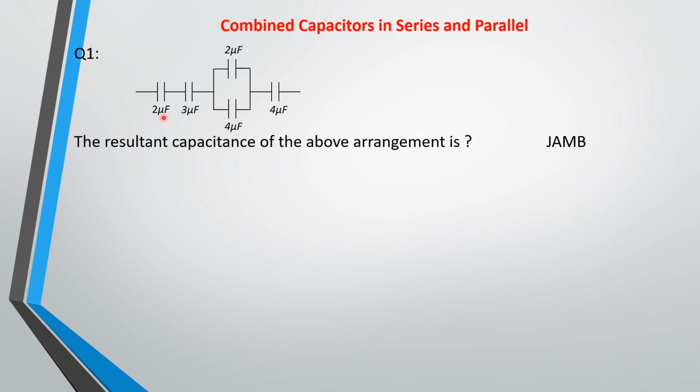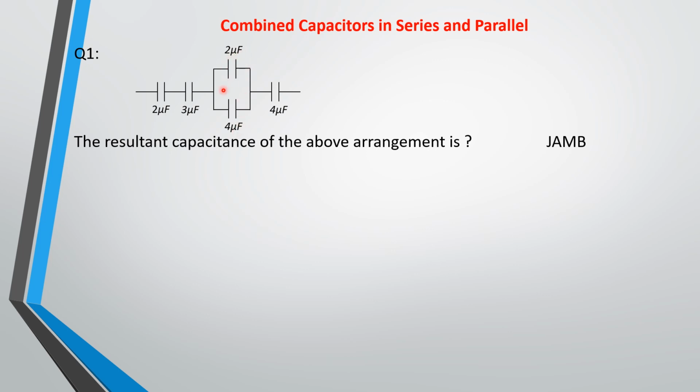The 2 microfarad, 3 microfarad and 4 microfarad capacitors are in series, while these 2 microfarad and 4 microfarad capacitors are in parallel. So if you want to solve this problem, first of all, you will have to find the combined capacitance for these 2 capacitors that are in parallel.